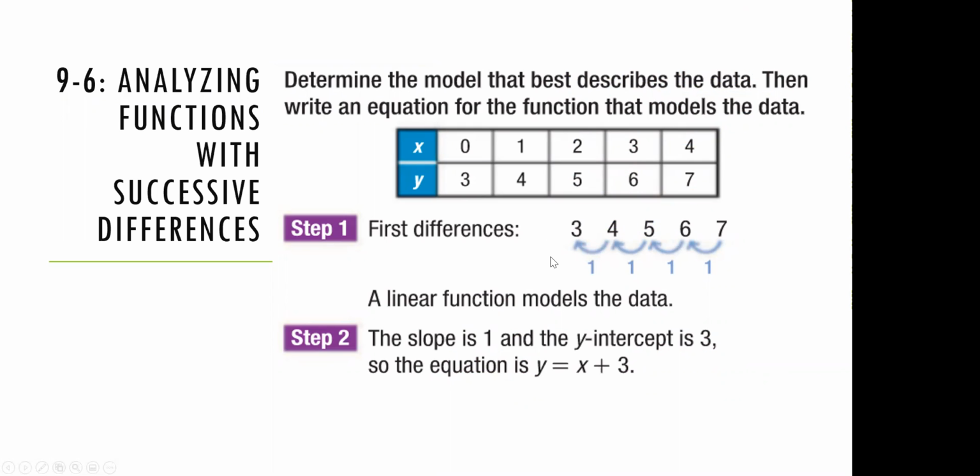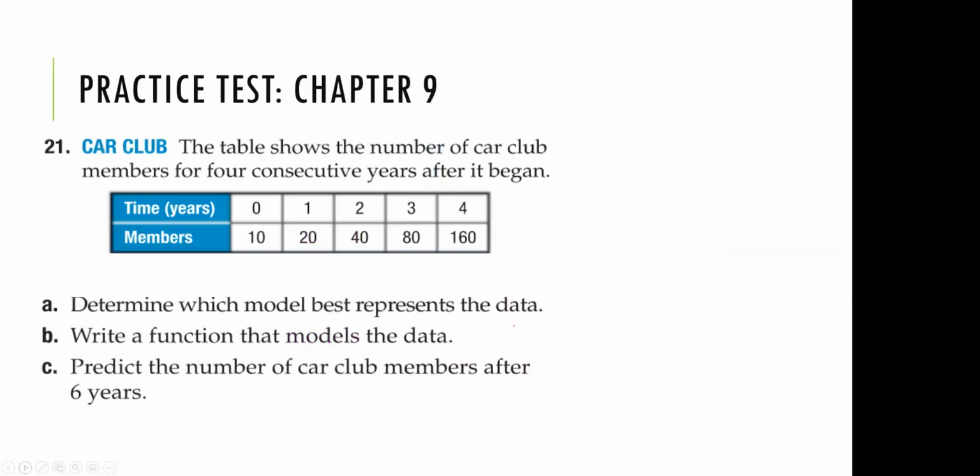And if you have a common ratio, then it's an exponential function, right? So here it says the table shows the number of car club members for 4 consecutive years after it began. Okay, so first thing it says determine which model best describes the data. So is it linear, quadratic, or exponential?